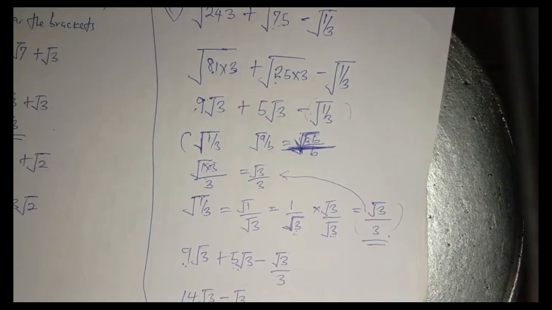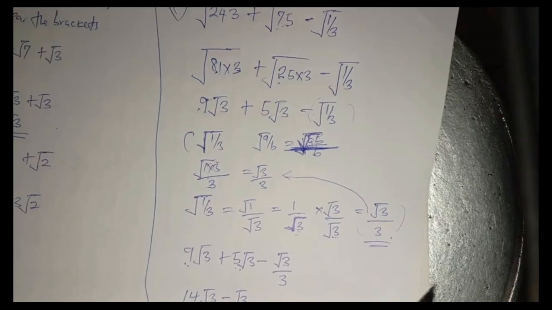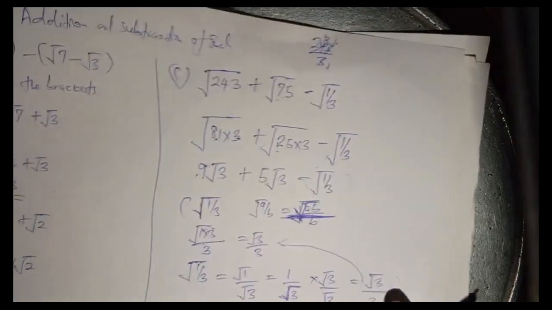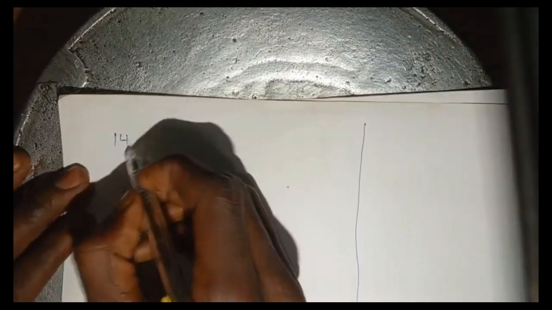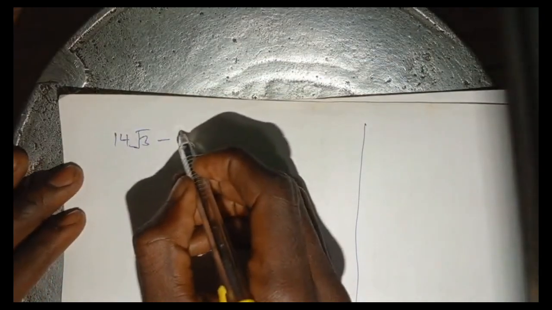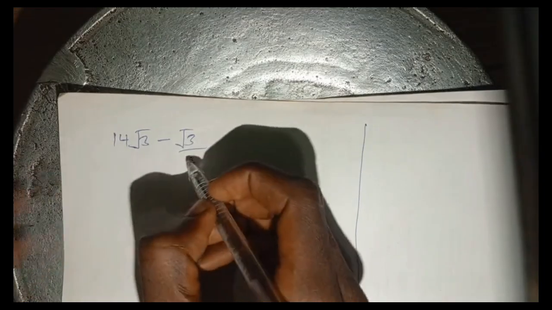So we can go ahead, and this is a fraction, right? So 14 root 3 minus root 3 over 3.